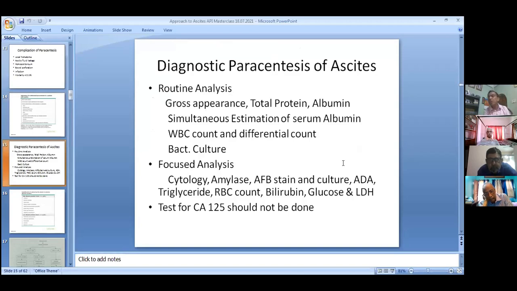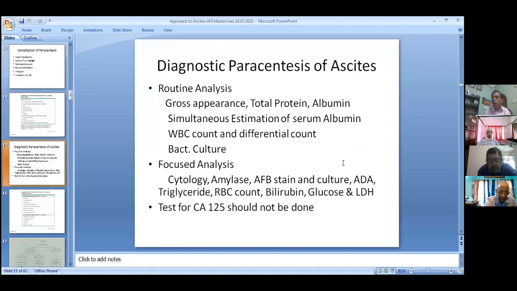So what are the tests you should do? The routine analysis. You should note the gross appearance of the ascitic fluid: what is the color and what is the appearance, whether there is formation of coagulum, whether it is milky or not, that you suspect a chylous ascites.